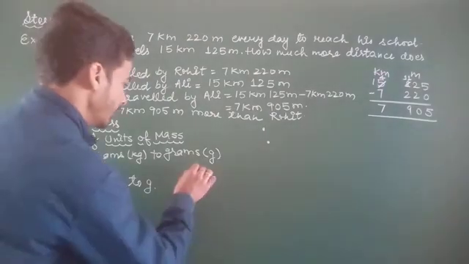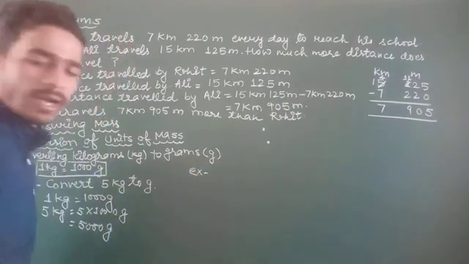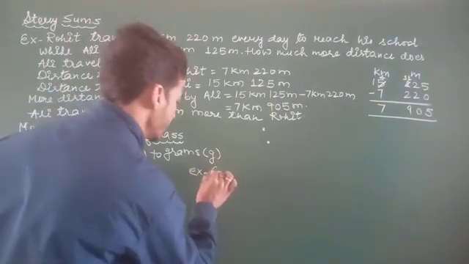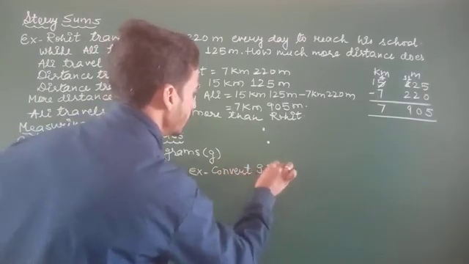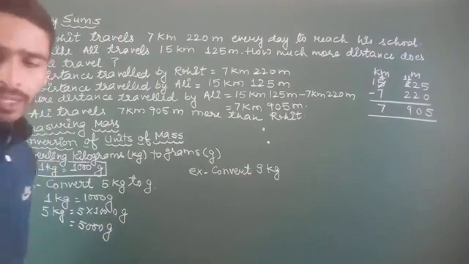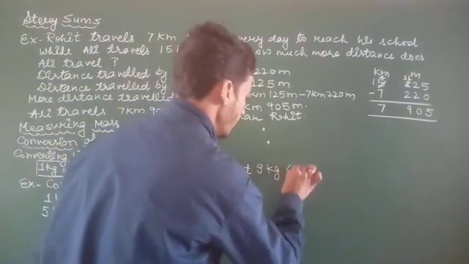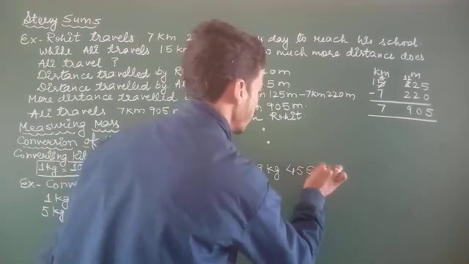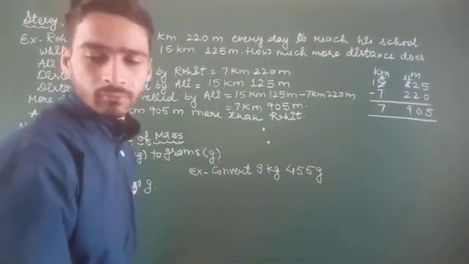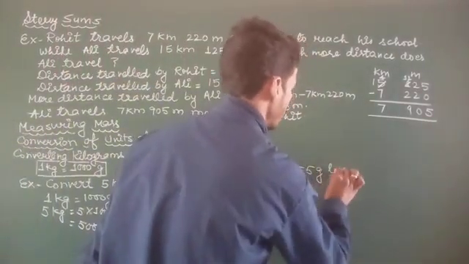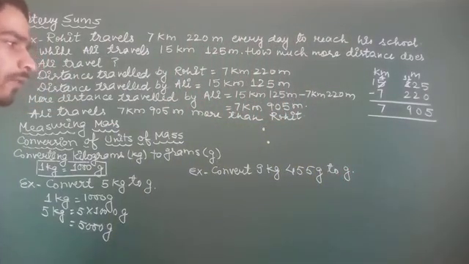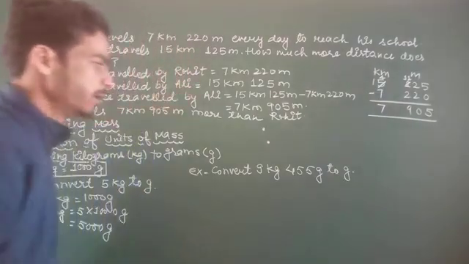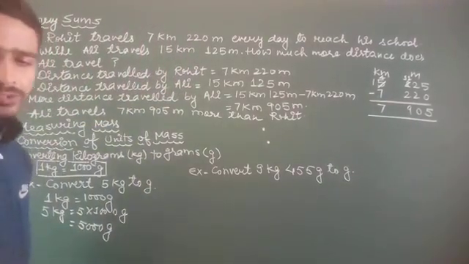That is, convert 9 kg 455 gram to gram. So you know that to convert kilograms to grams, multiply by 1000.